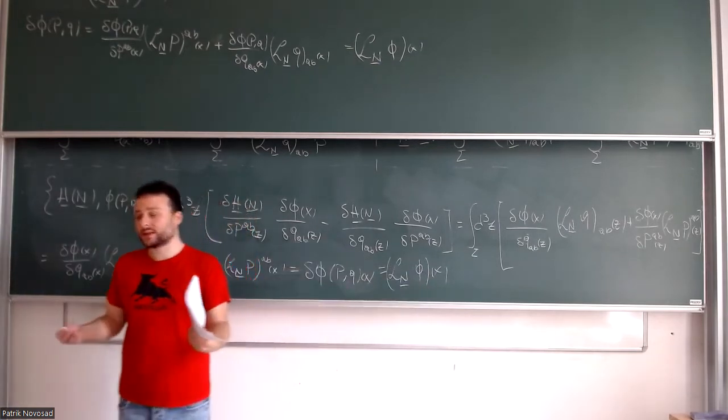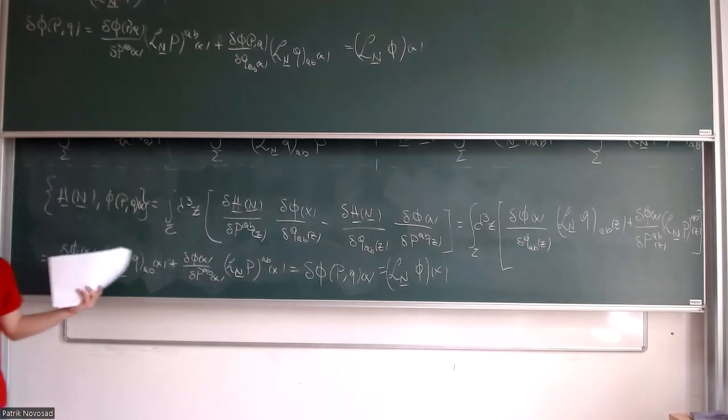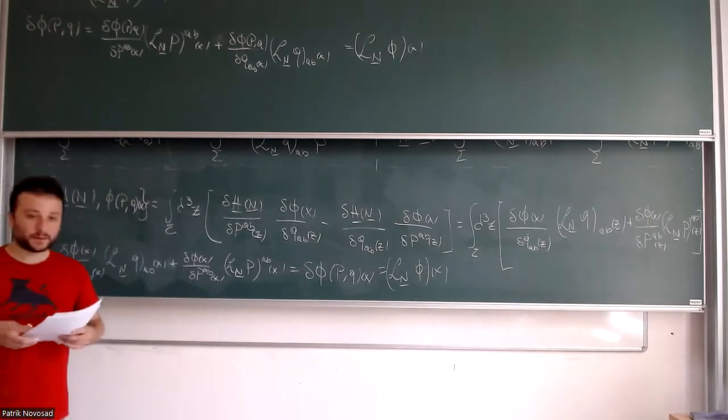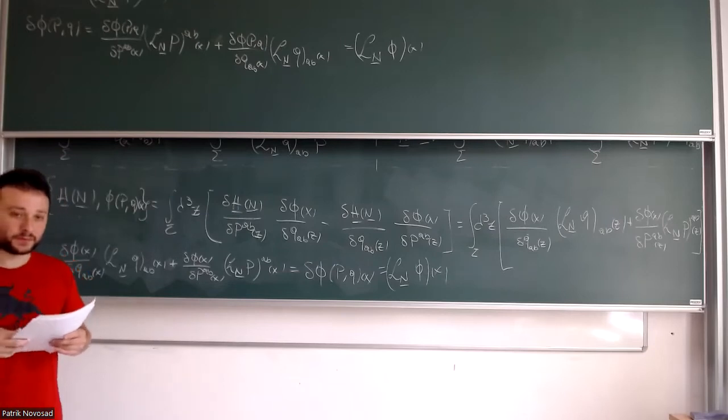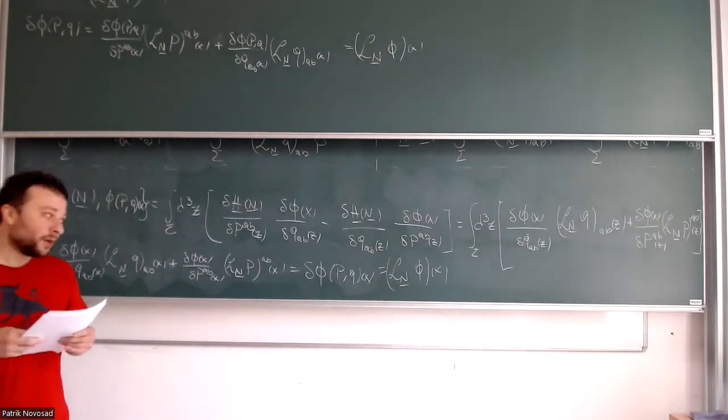So this gives us exactly the right choice to call it the diffeomorphism constraint. That's the origin of it. The point is that it's not an arbitrary delta phi, it doesn't give you a general variation of phi, it gives you a diffeomorphism.